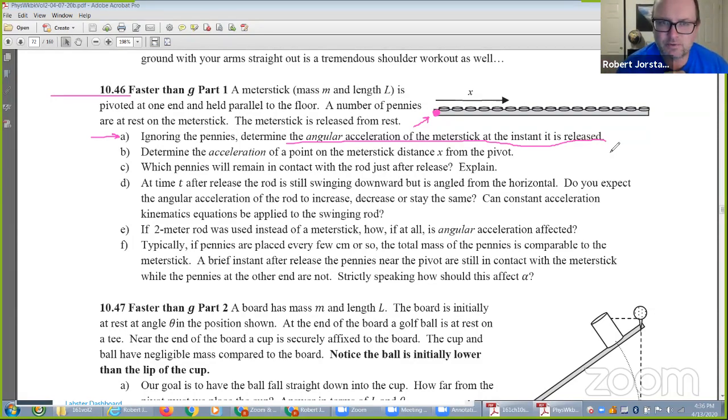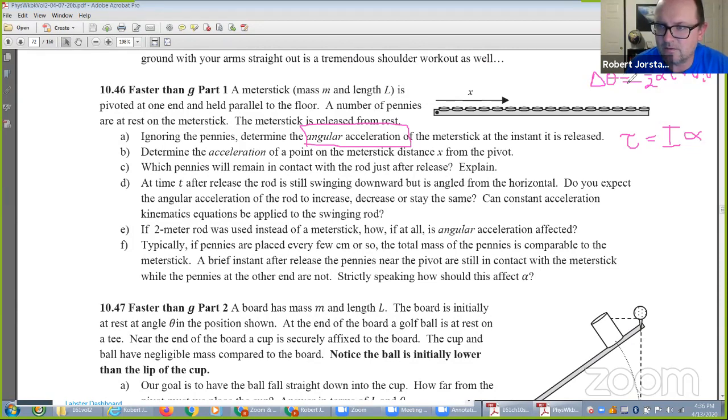When you see this problem, I'm hoping that two things come to your mind. When you see angular acceleration, I want you thinking either sum of torques equals I alpha, which is one possibility, or there's the delta theta equation, delta theta equals 1/2 alpha t squared plus omega initial times t.